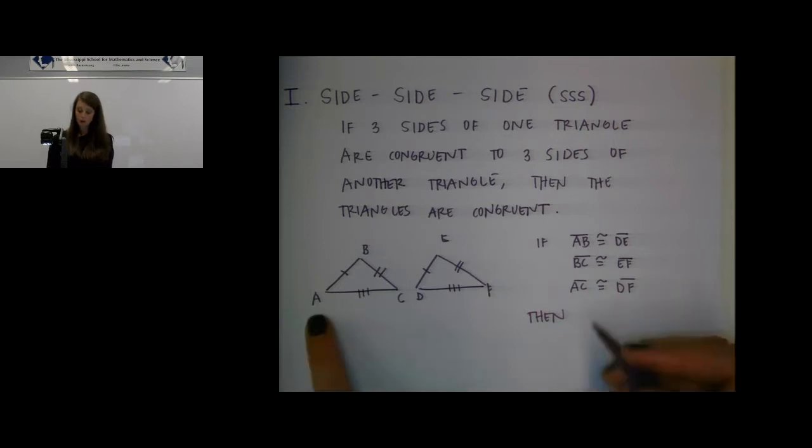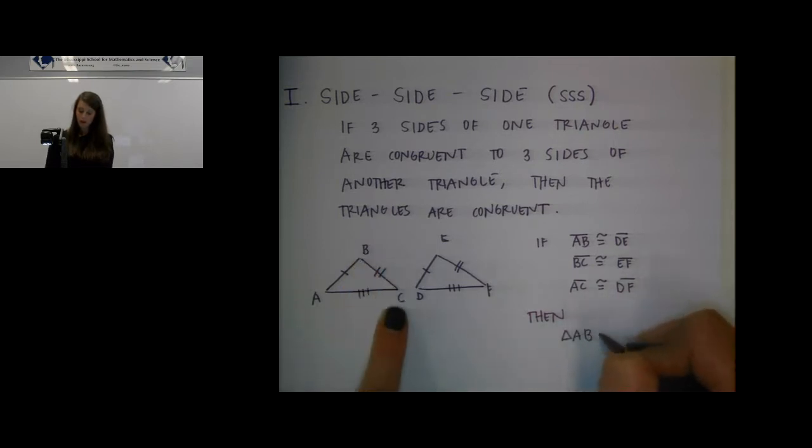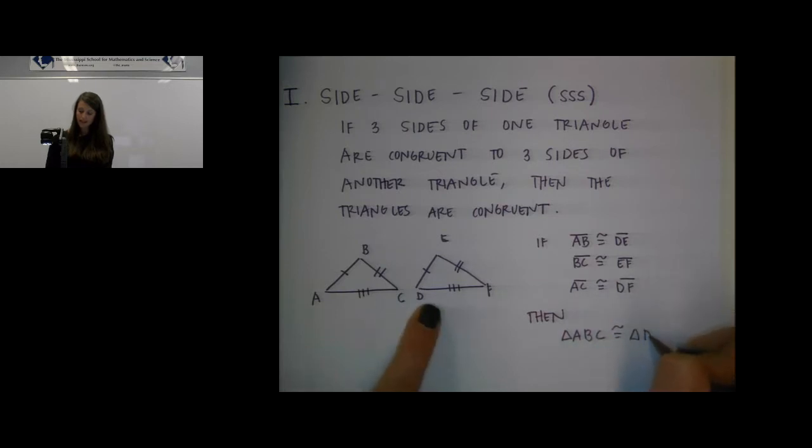So remember how you would write these. You would write triangle ABC is congruent to triangle DEF.